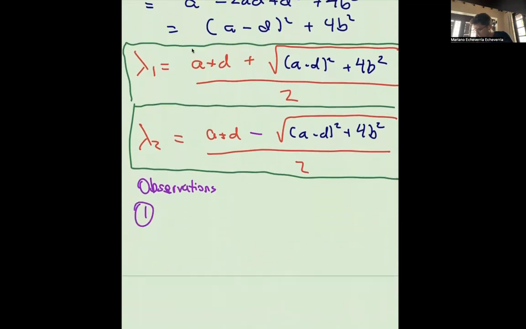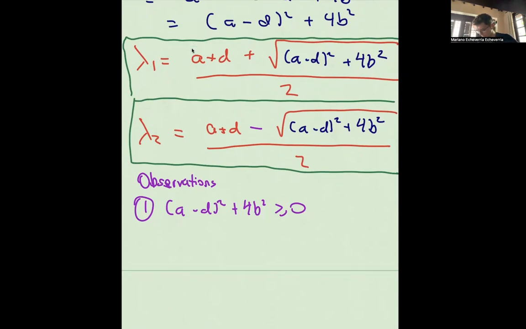The first one is that this thing inside the square root is always non-negative, right? So what that means is that when you take the square root, you never have a situation where you're taking the square root of an imaginary number, like the square root of -1 or things like that.